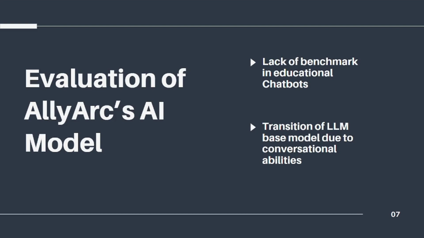Another important point to mention is the transition of large language model due to conversational abilities. Initially, as mentioned earlier, I used the Llama 7B model and fine-tuned it, but that did not give the required conversational outlook because it wasn't able to have a conversation.